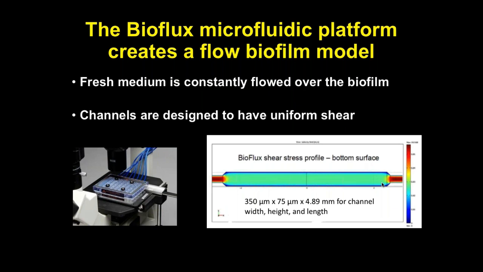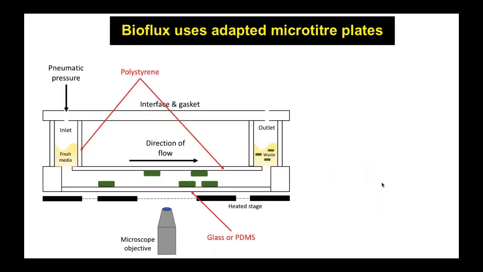And because we can do time-lapse and Z-stacks, we're able to make little videos of these, which are really useful for the analysis. So the actual setup involves an adapted microtiter plate, and you have an inlet and an outlet with the channel in between.